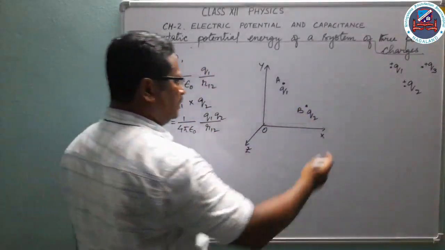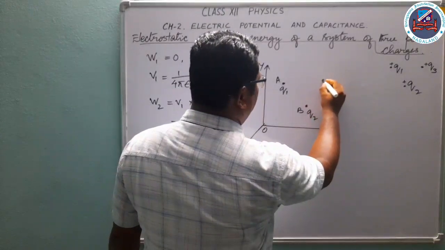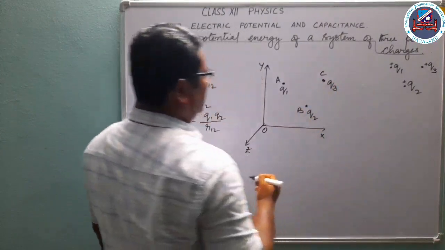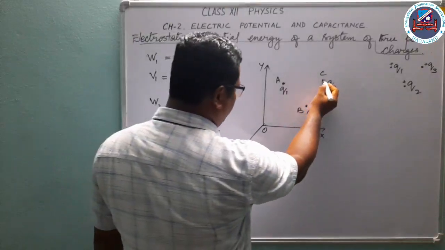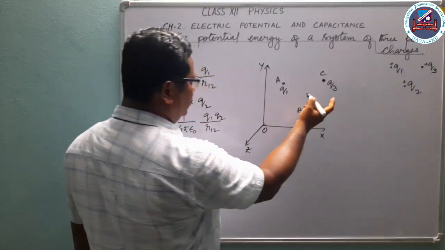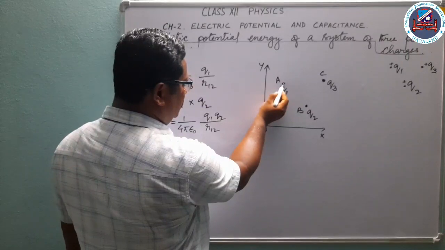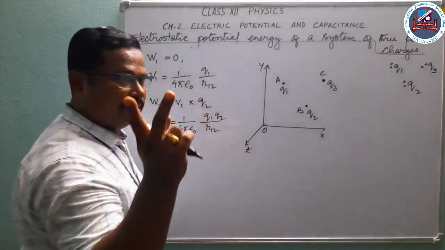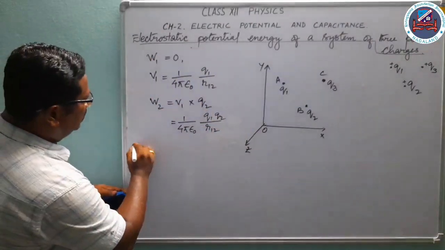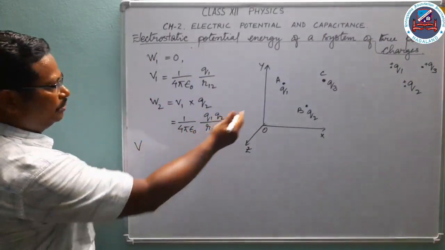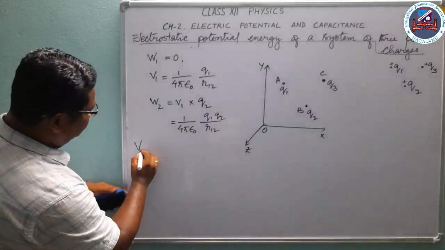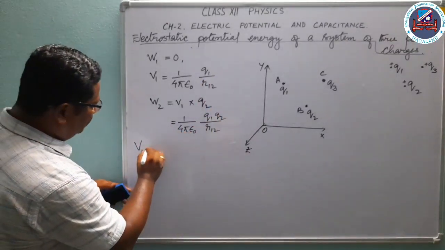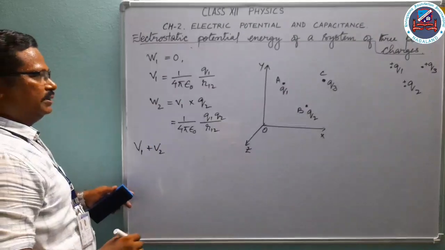Now let us say the third charge we are bringing, let us take it here as point C, Q3 I brought it. But this time when I am bringing Q3, before bringing you should be sure that this Q1 is also having potential, Q2 also has developed potential. Now two potentials are there. So the potential V2 or V3 let it be for the third charge, or we can write V1 plus V2, that will be better.